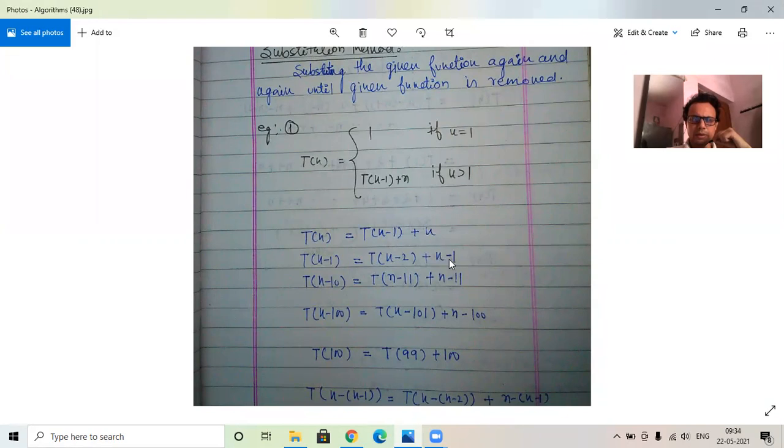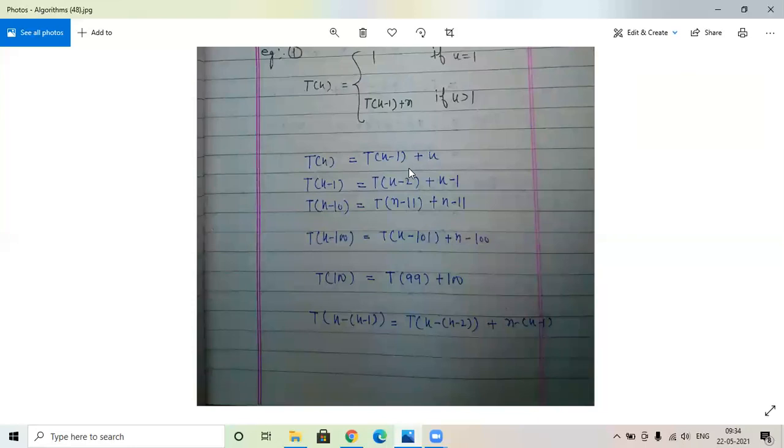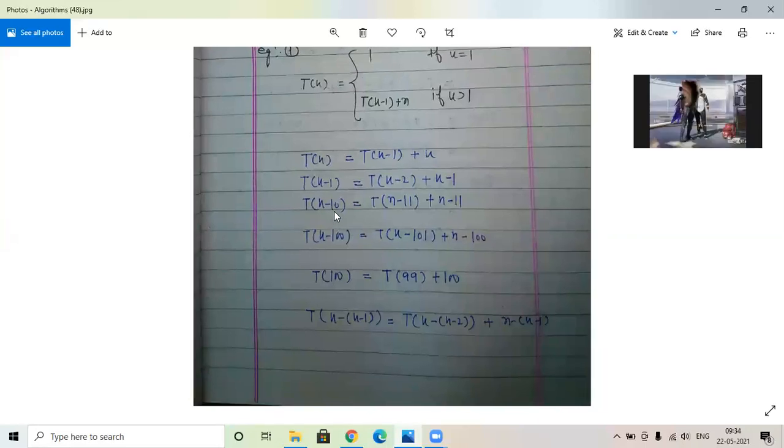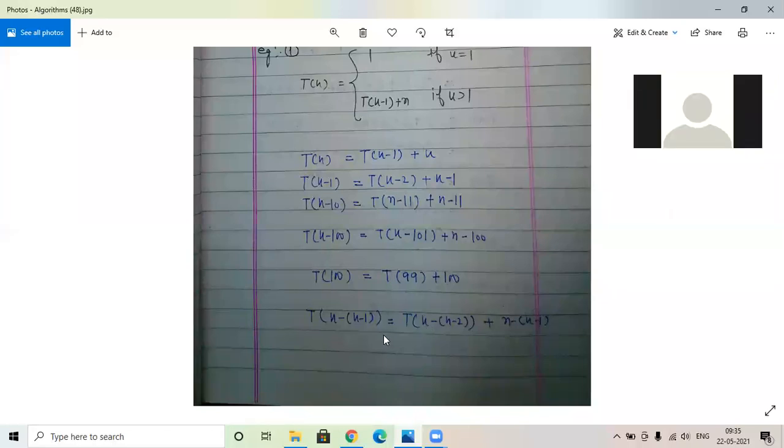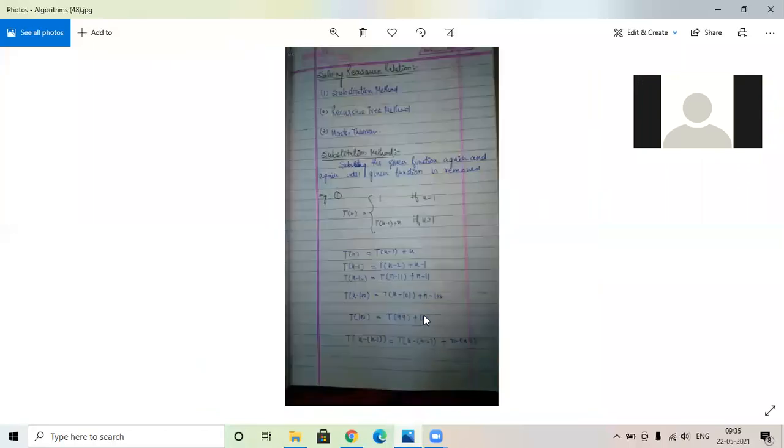Instead of n, I'll write n-1. Similarly, T(n-100) would be given as an example. So if I write T(n-1), now I am substituting it: T(n-2) plus n-1. This will be the value. Got it, everybody? Yes, I am just substituting the value.